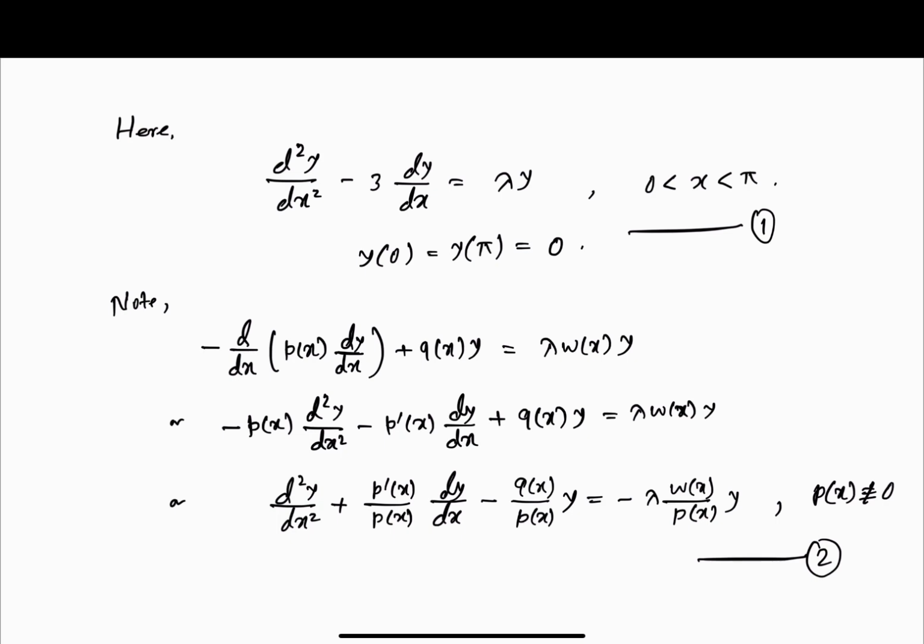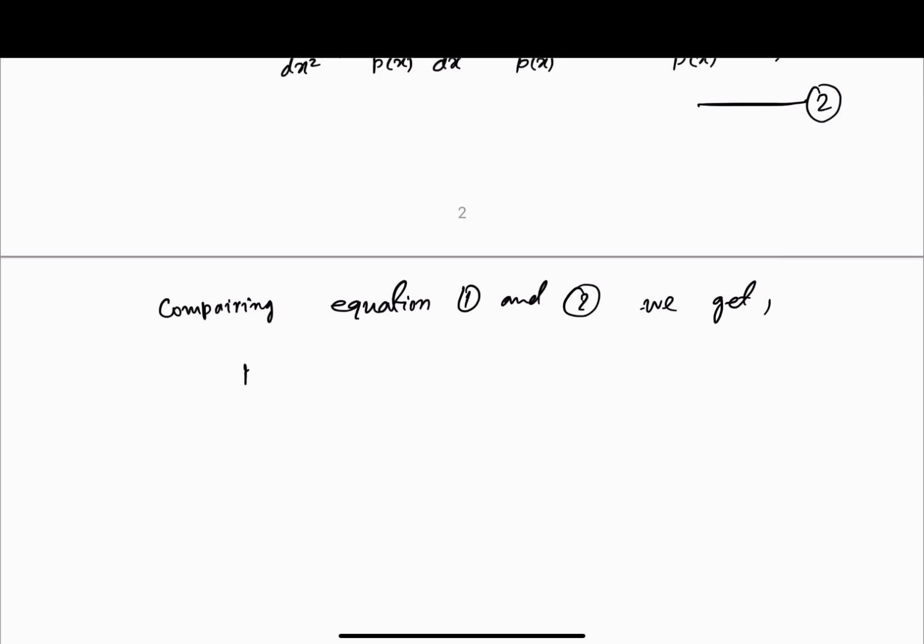Coefficient of dy/dx is minus 3 here, and here it is p'(x)/p(x), so p'(x)/p(x) is minus 3.